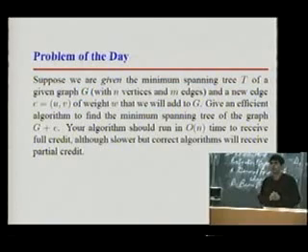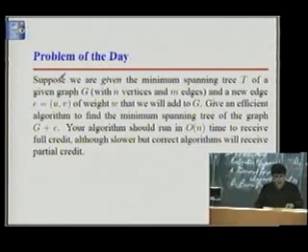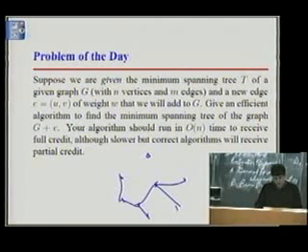I think now actually should be pretty easy. What was the problem of the day? The problem of the day said, suppose we are given a minimum spanning tree of a graph. So here is a set of vertices, and here is, in fact, the minimum spanning tree.